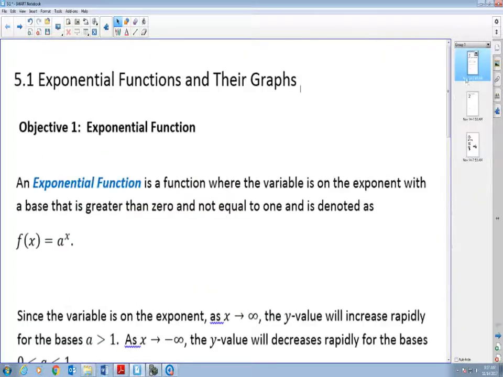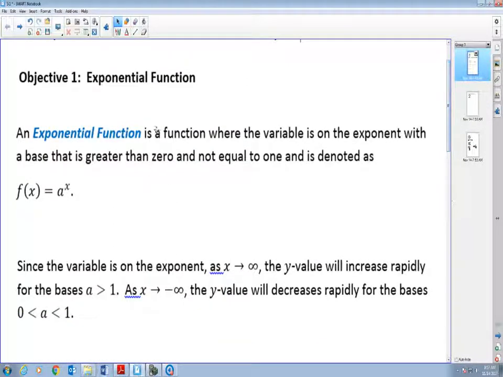So back to the exponential function. What is actually considered an exponential function is a function where the variable x is going to be on the exponent, where the base has to be greater than 0 and not equal to 1. Because 0 to any power is still 0, and 1 as a base to any power is still 1.